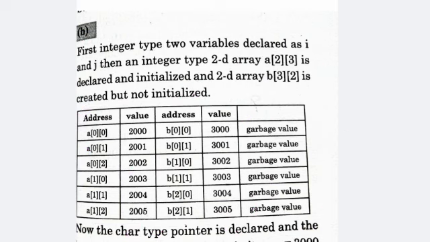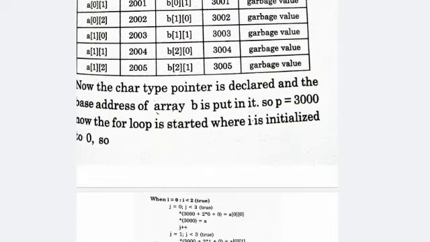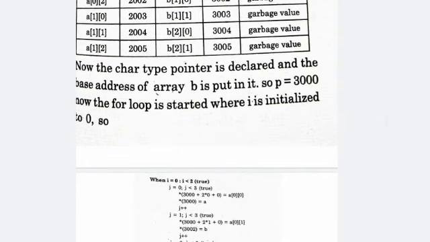Now come to the character type pointer, which is declared and the base address of B is put in it. So pointer P equal to 3000, and now the loop is started with i initialized to 0.